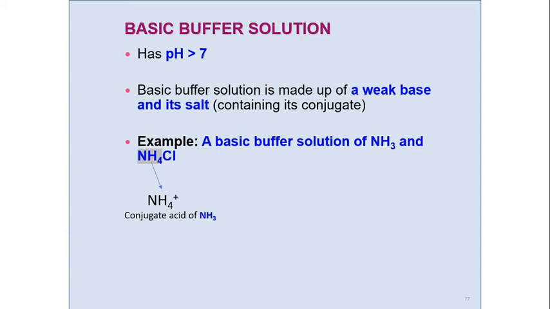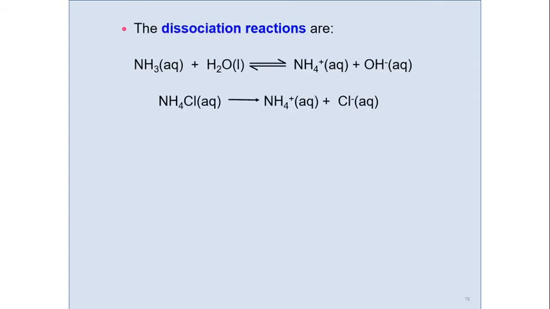The dissociation reactions are NH3 plus H2O produce NH4+ and OH-, while for the salt, NH4Cl will dissociate into NH4+ and Cl-. So the first equation is a reversible equation, while the second one is a complete dissociation reaction.